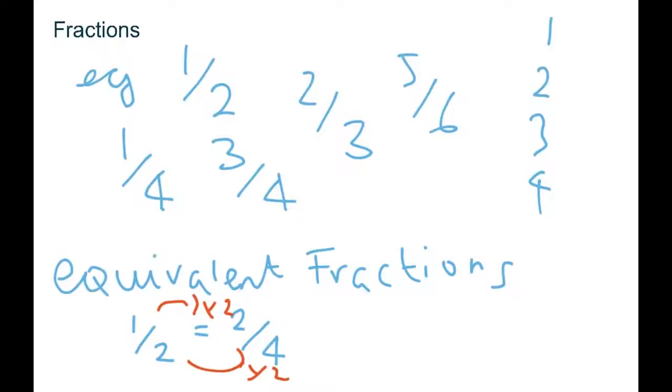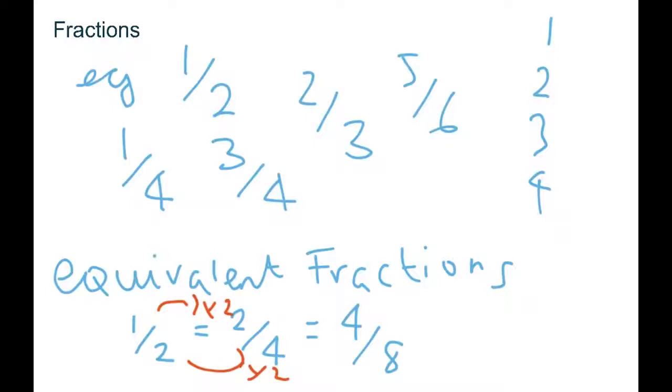So we could carry on and say that this is also the same thing as 4 over 8. Because 2 over 4, so 2 times 2 is 4, and 4 times 2 is 8, or 1 times 4 is 4, and 2 times 4 is 8, so a half is the same thing as 4 over 8, which is the same thing as 2 over 4. These are all what we call equivalent fractions.